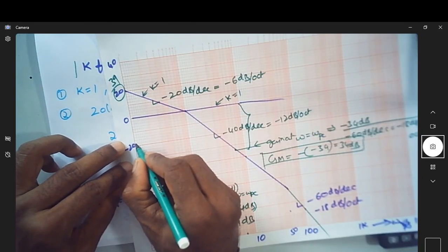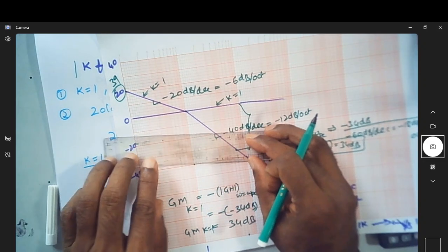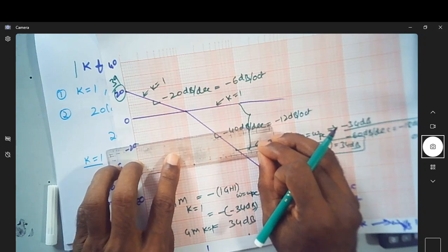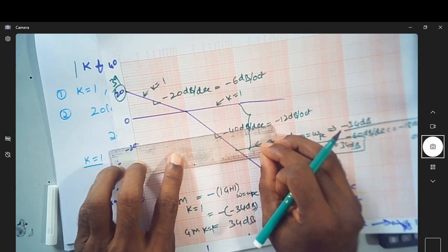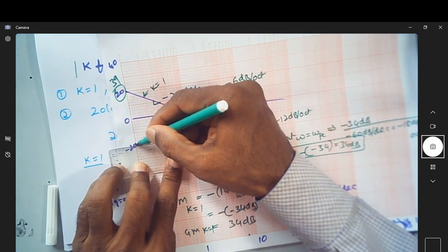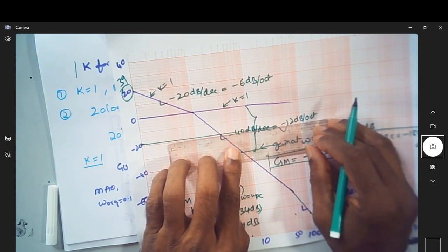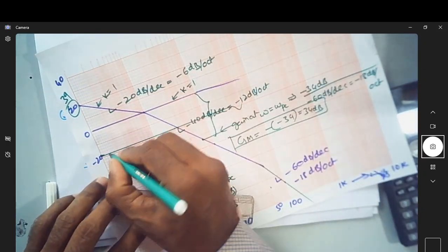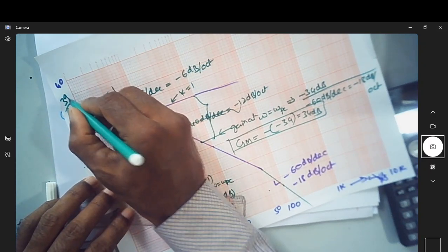So I shift the 0 dB line such that the magnitude at origin becomes 39. This is now the new 0 dB line. So this will become 39.